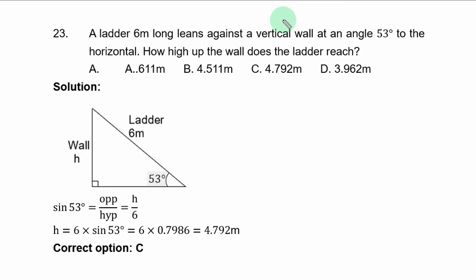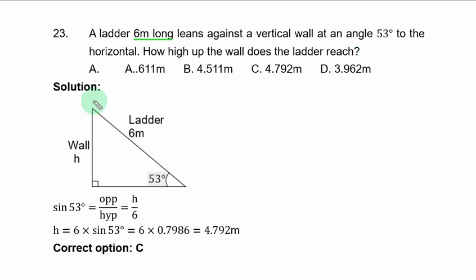Question 23. A ladder 6 meters long leans against a vertical wall at an angle of 5.3 degrees to the horizontal. How high up the wall does the ladder reach? You have to find the height of the wall.